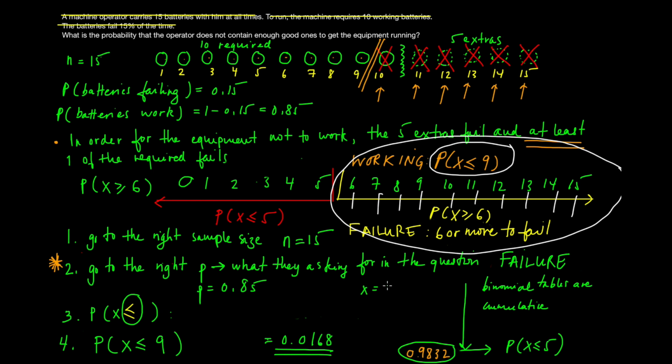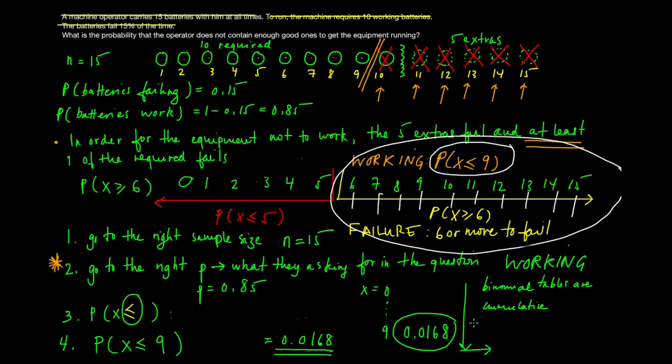I wanna show you. So we're gonna have our 0, and then we're gonna go all the way down to our 9. And then at our 9, we're going to find the answer directly because we don't need to do 1 minus anything. So it's just going to be the answer because we took the probability of the batteries working.